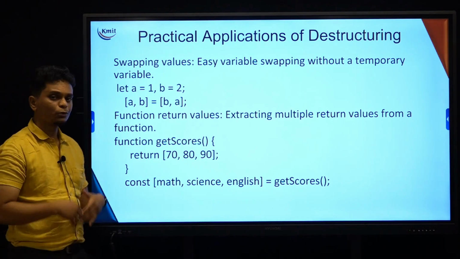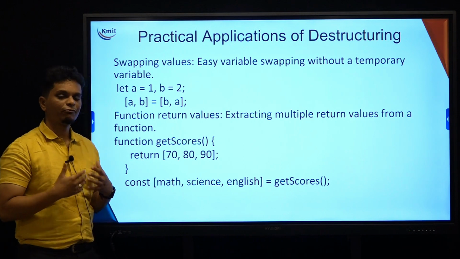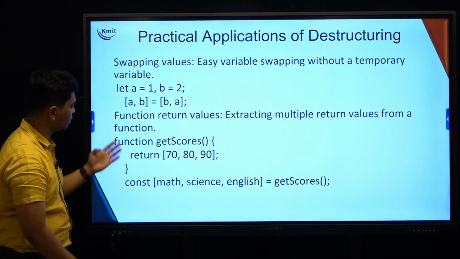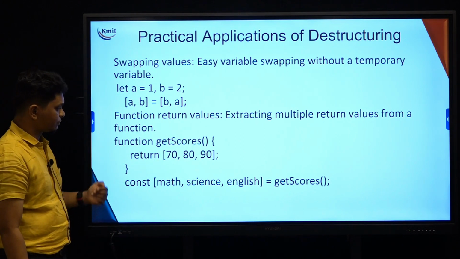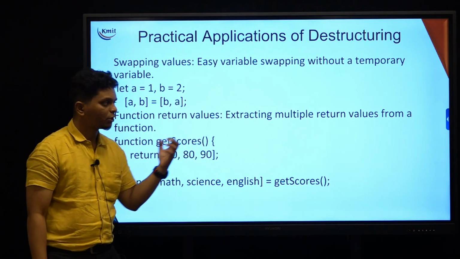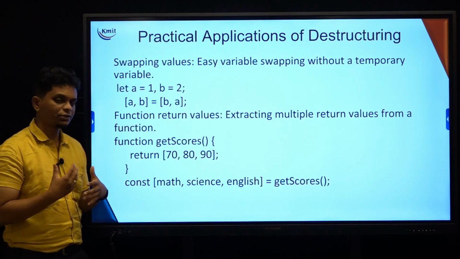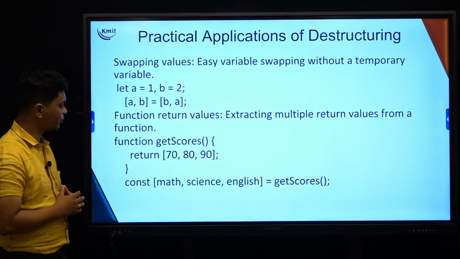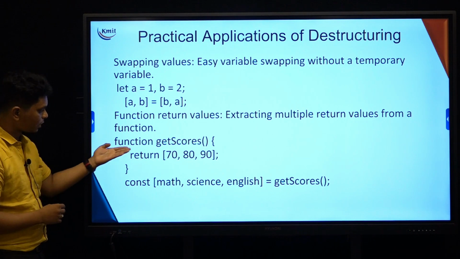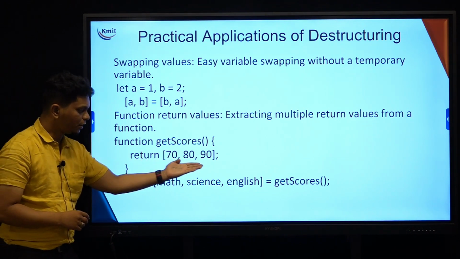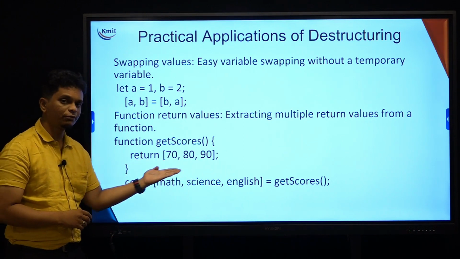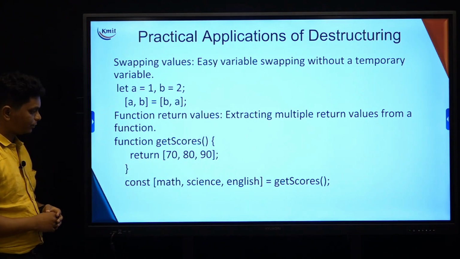Then destructuring can also be applied in functions. We have a function. Now we need to extract multiple values. Extraction in the sense returning. Okay. So here we have a function called getScores, and we want to return three different values. Okay.